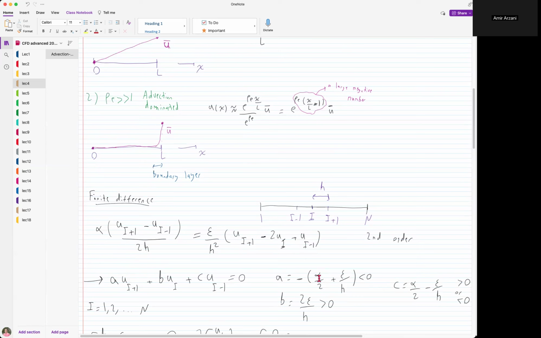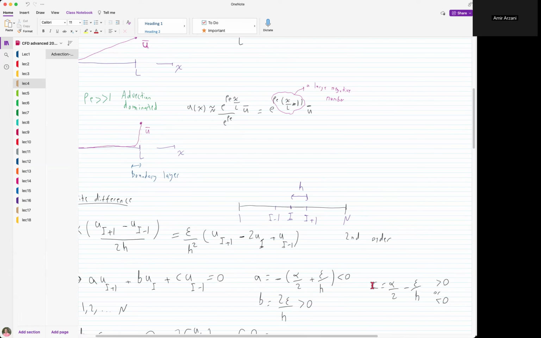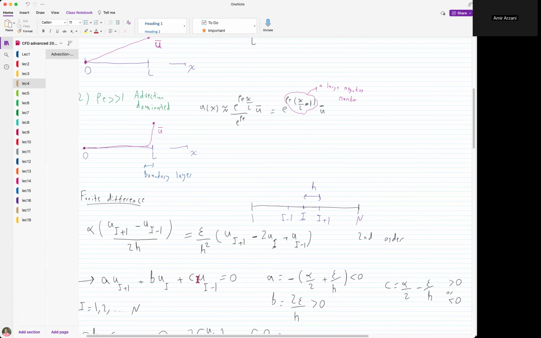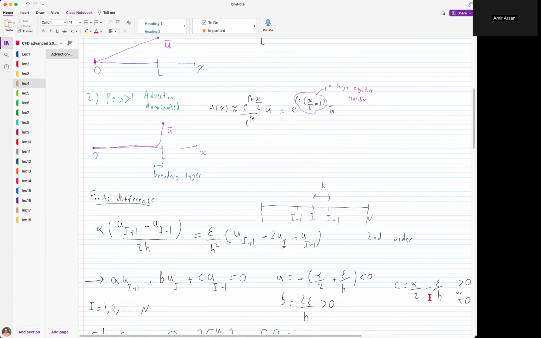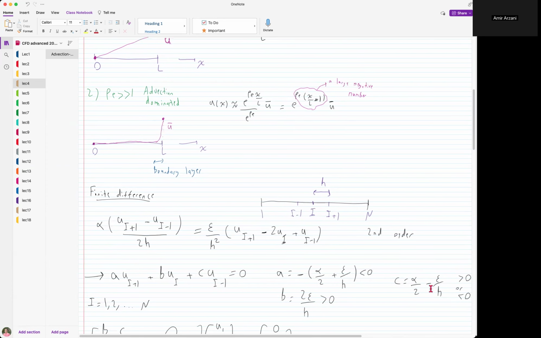Since I assumed alpha to be positive, the flow to be from left to right, and the diffusion coefficient is always positive, and h is of course positive, this term A is always negative. Similarly, B only has diffusivity and h, so this is also always positive. But the C term, which gets multiplied by u i minus 1, it is not clear if it's positive or negative. It could be either, and we're going to come back to this.